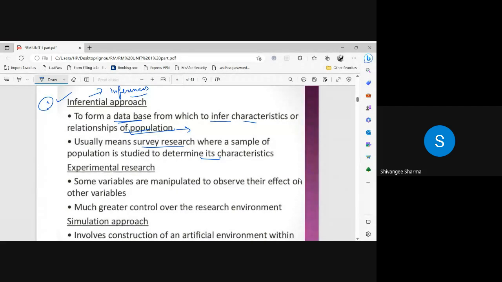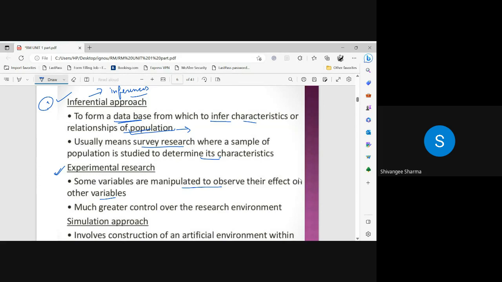And when you draw some conclusions out of any research, then it is inferential approach. Then next one is experimental research. Some variables are manipulated to observe their effect on other variables. All the cause and effect relationship research are experimental research. Suppose you are analyzing sales with respect to time, and you take a constraint, say the sales of PPE kits during COVID times.